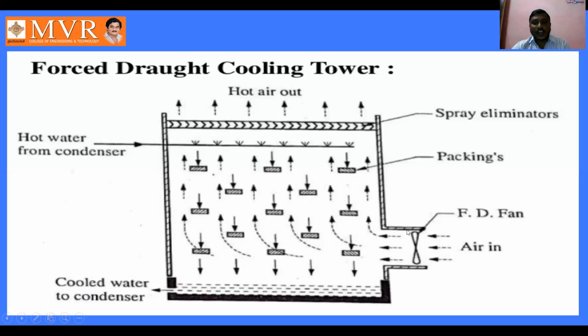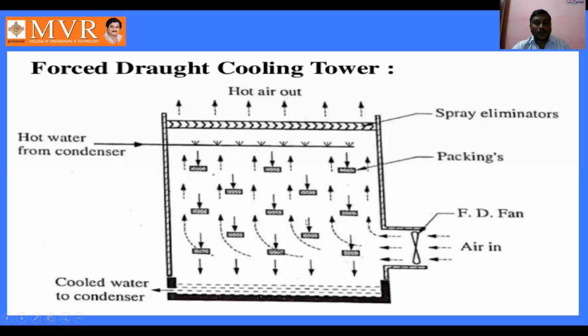See, we are using a fan here, which means by using this fan we are forcing the air into the cooling tower. After the air enters the cooling tower, it moves in the upward direction, and the hot water is coming in the downward direction.